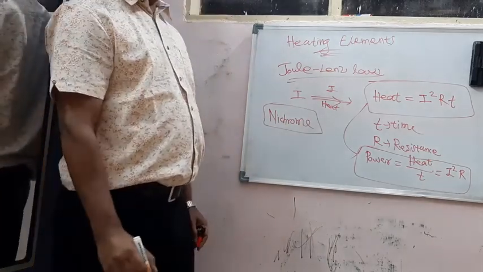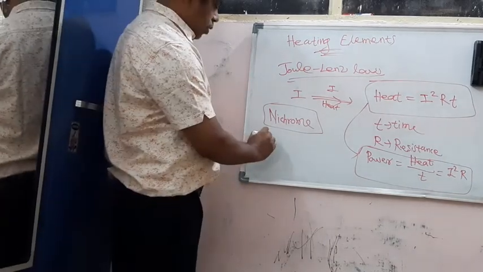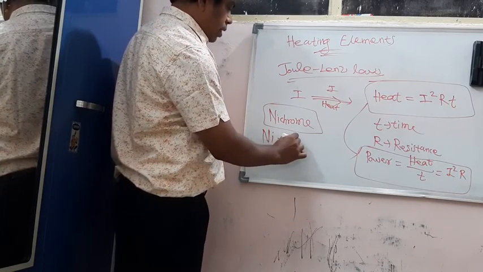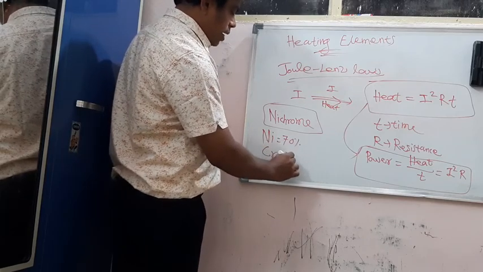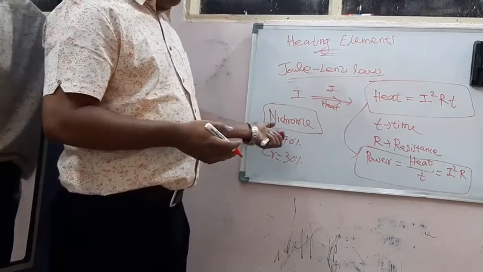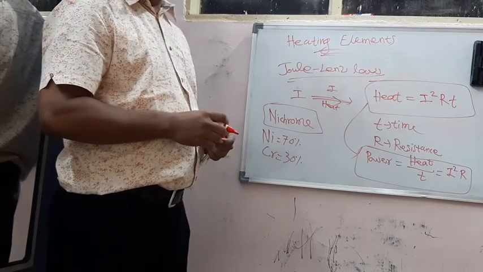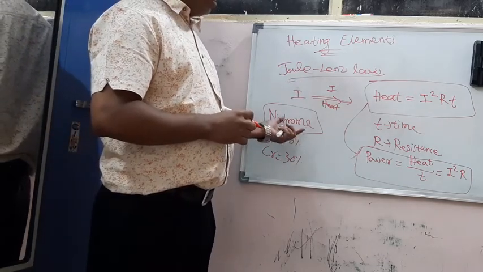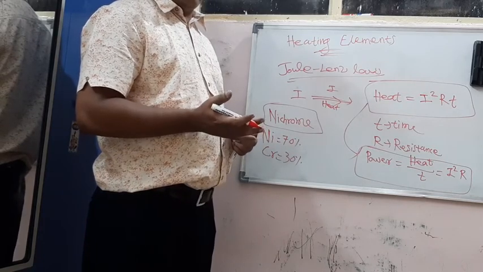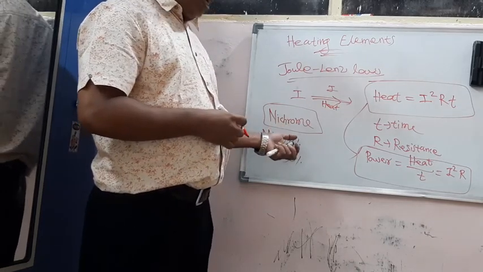Nichrome acts as a very good heating element because its composition is about 70% nickel and 30% chromium, and most of the electrical energy passing through nichrome is easily converted into thermal energy. Most heating elements, from electric irons to furnaces, are made of nichrome.